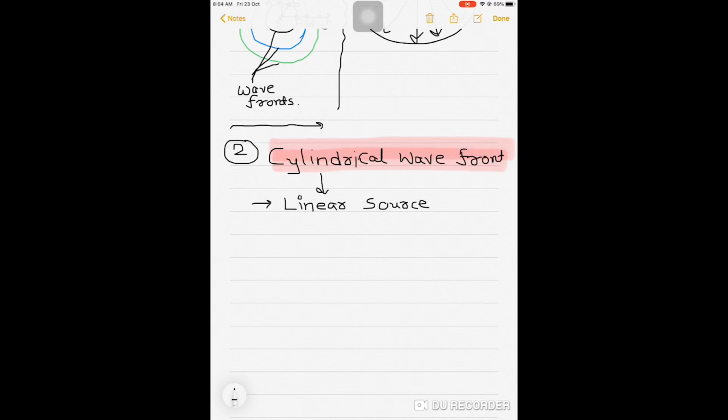We can show that with an example. Suppose I have one source S, given as this straight line, a linear source. Let's consider our tube light to be this type of linear source.